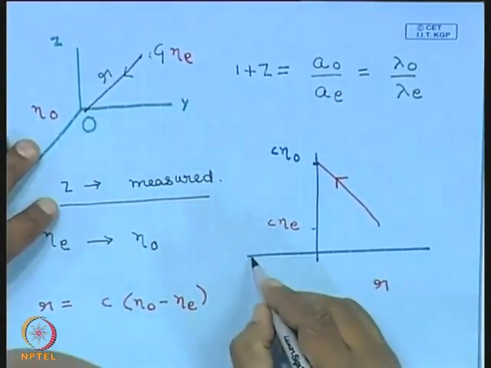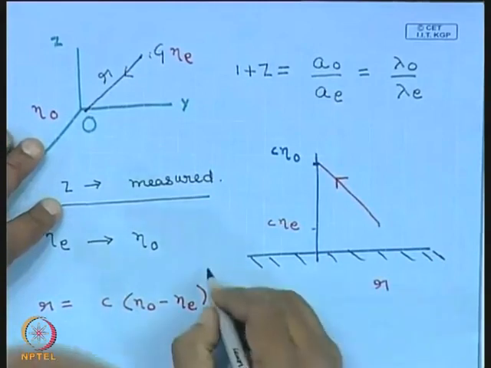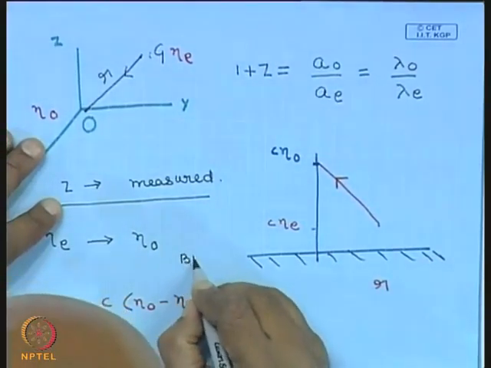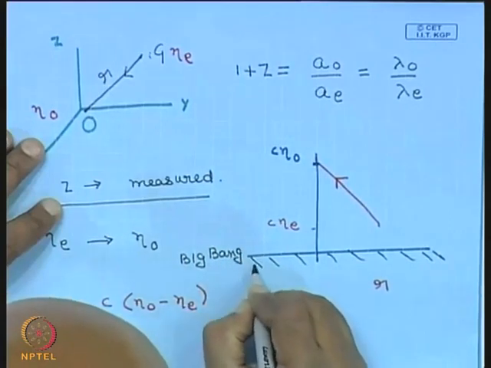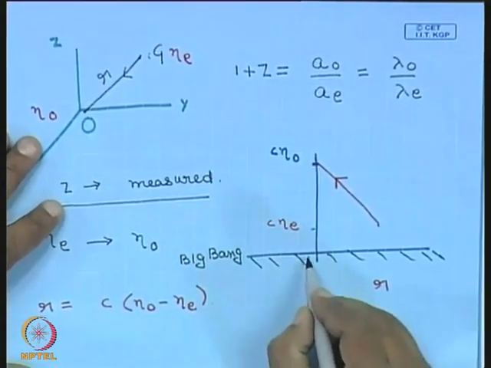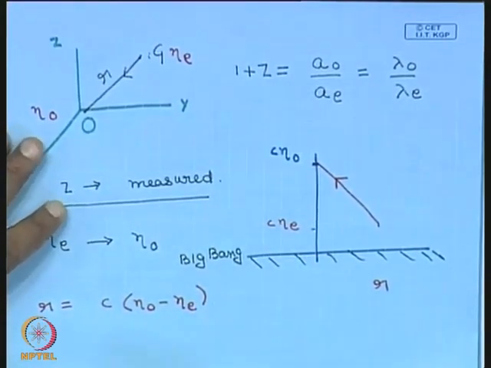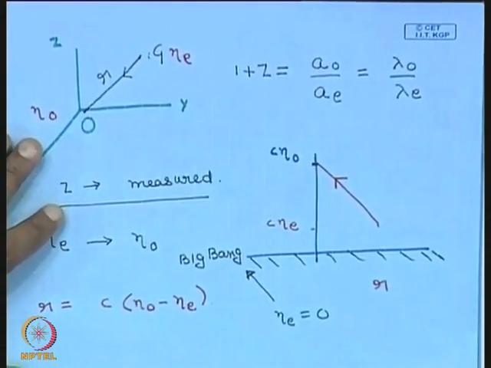So there can be no source which is, this is the Big Bang. This line, that is the event, that is the Big Bang. So at this value of eta, which is 0, we had the Big Bang. So eta emitted equal to 0 is the Big Bang, that is the origin.